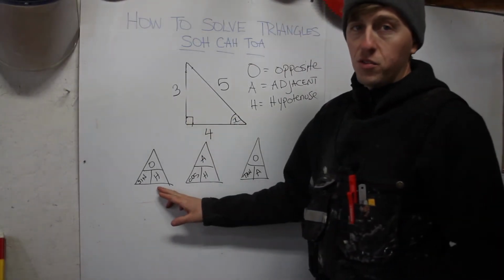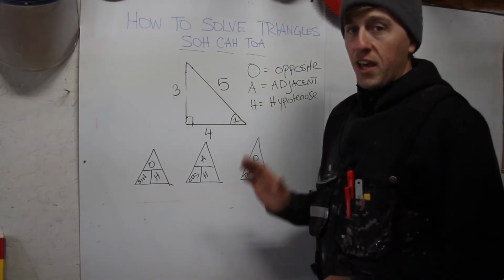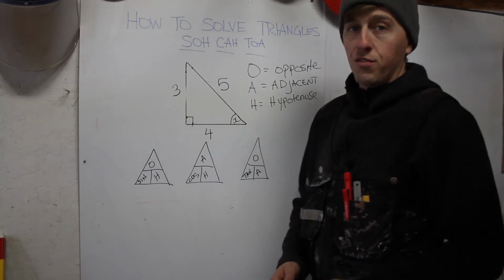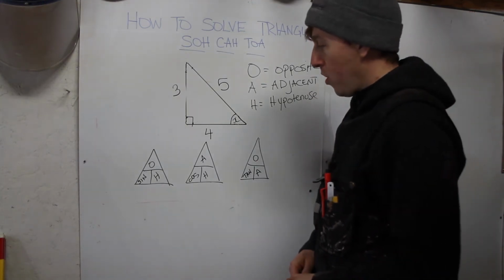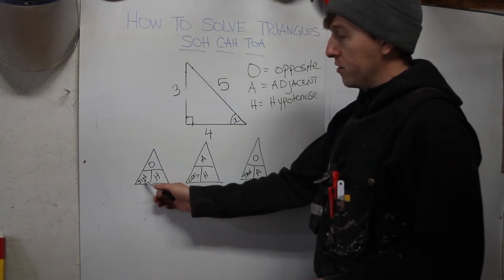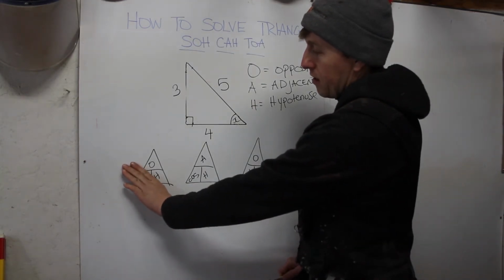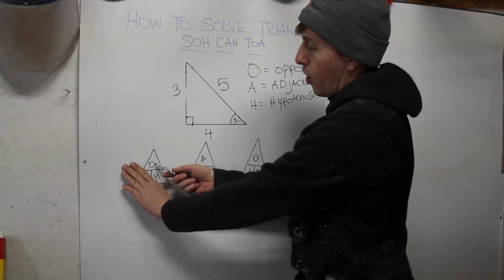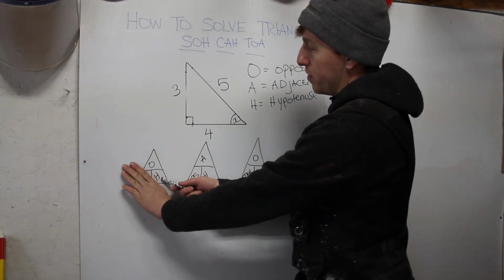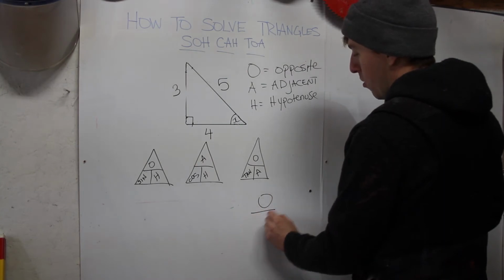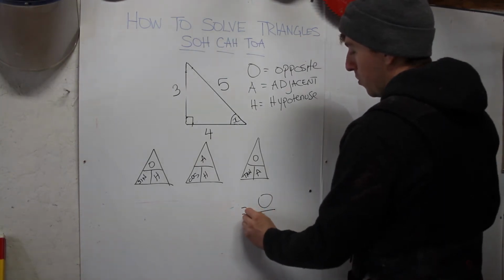All you have to do when you're using these triangles is cover up the one value that you're looking for. So say, for example, we're looking for the sine angle. You cover up sine, and what you're left with is opposite over hypotenuse. So that would be expressed by opposite over hypotenuse, which is a division.